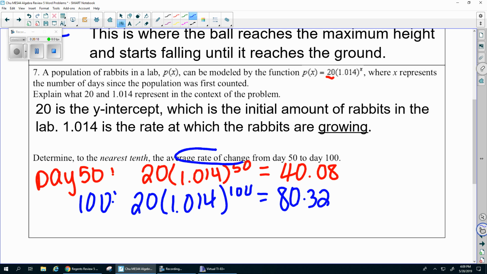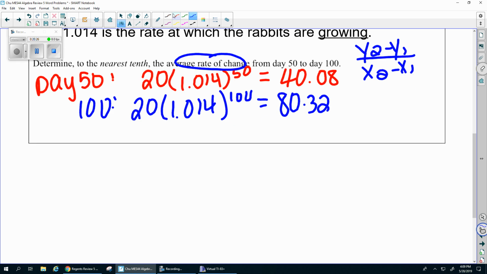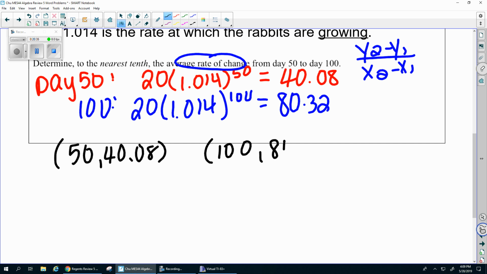To find average rate of change, if you remember, that is y2 minus y1 over x2 minus x1. So I actually have my 2 points. My 2 points are 50, 40.08, and 100, 80.32. This is x1, y1, x2, y2.